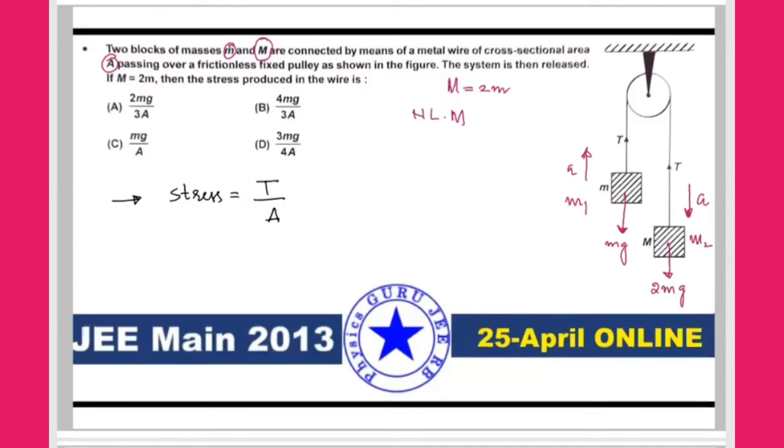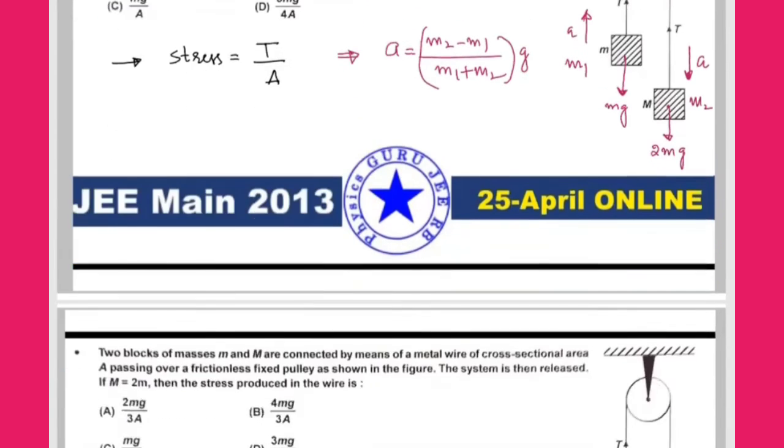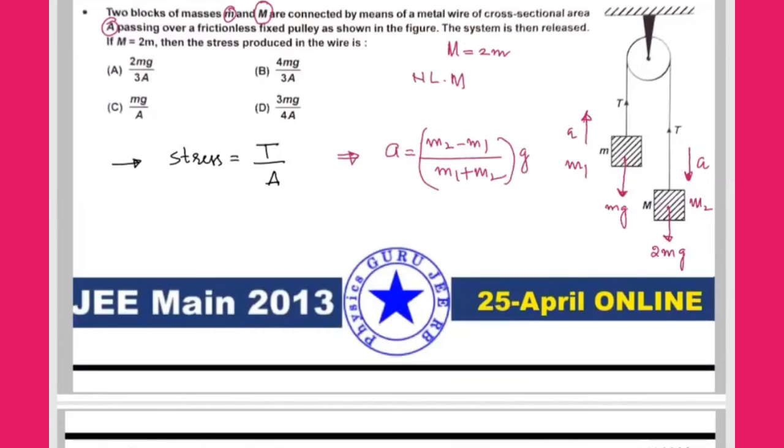Now what is the acceleration of the system or tension in the system? According to the Atwood machine, acceleration of the system a is equal to (m2 minus m1) divided by (m1 plus m2) into g. You can even solve this by equations. Taking the upward direction, the first equation is T minus mg equals m1 into a, equation 1, and coming downwards, 2mg minus T equals m2 into a.